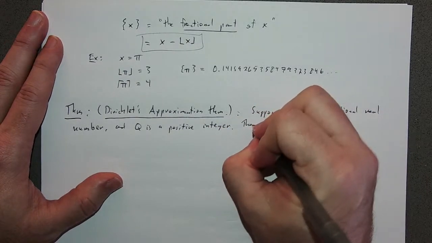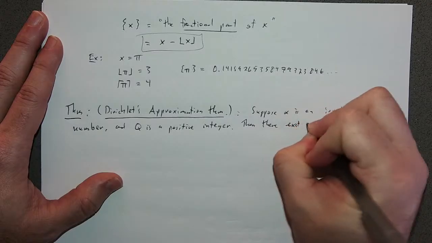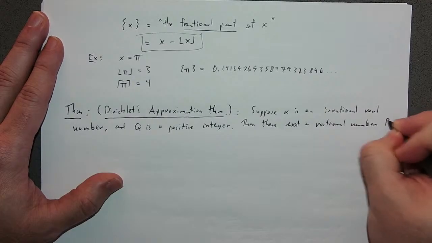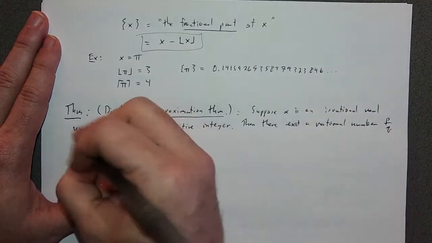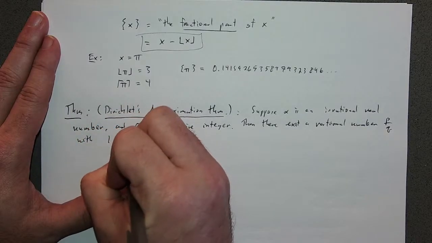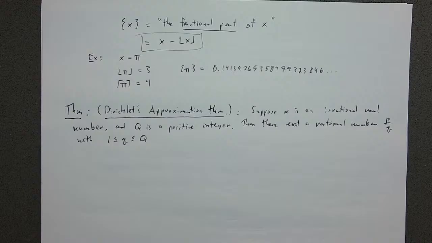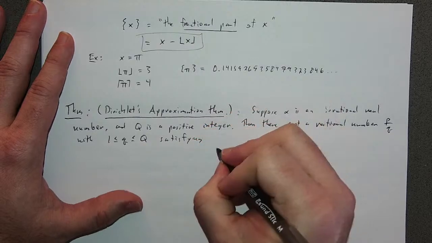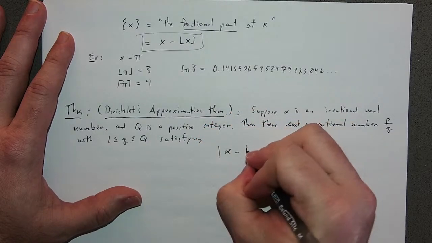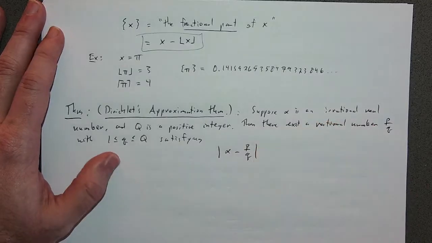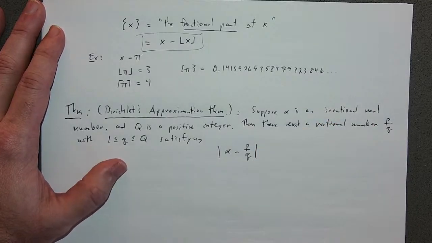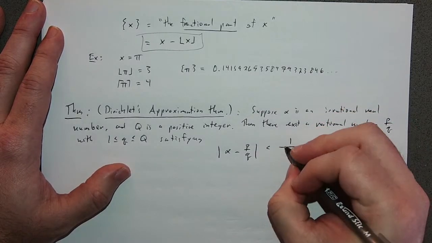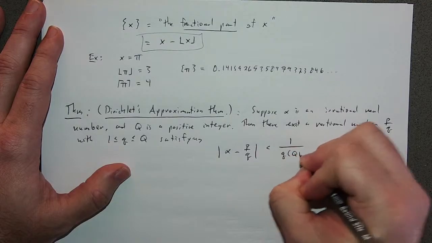Then there exists a rational number p over q with little q between 1 and big Q satisfying that the distance between our irrational alpha and this rational p over q is less than 1 over q times big Q plus 1.